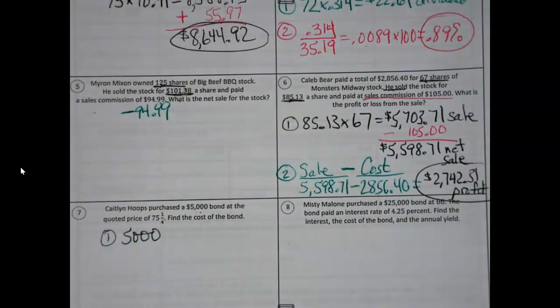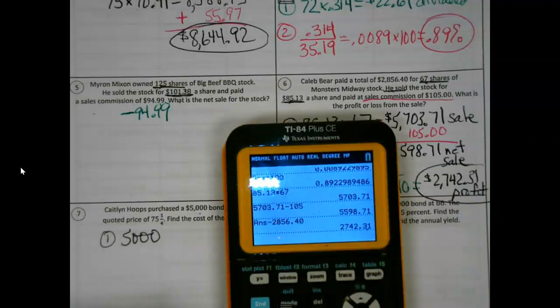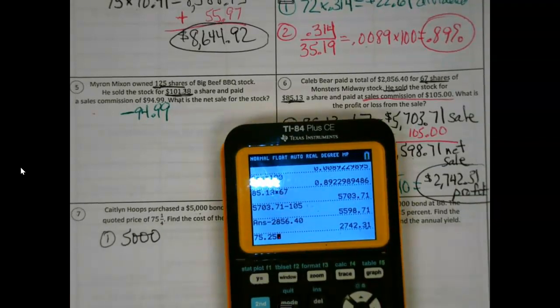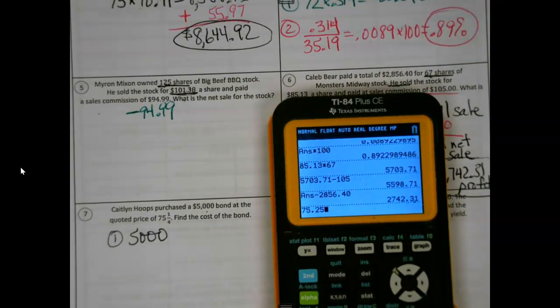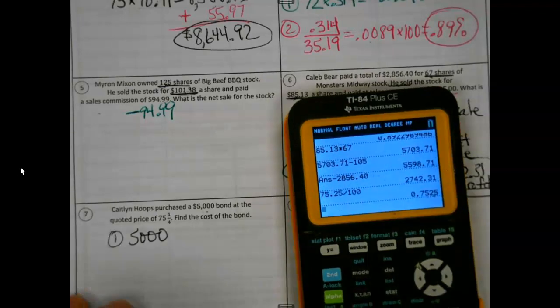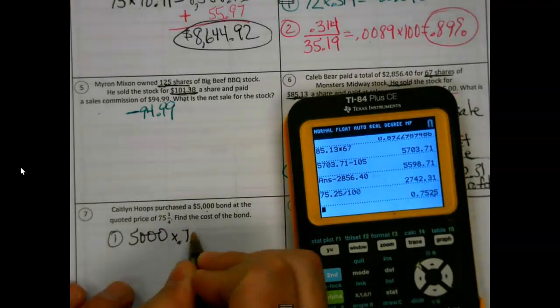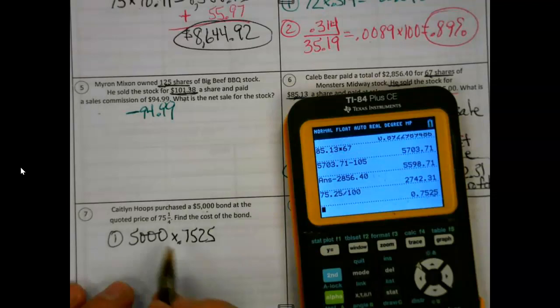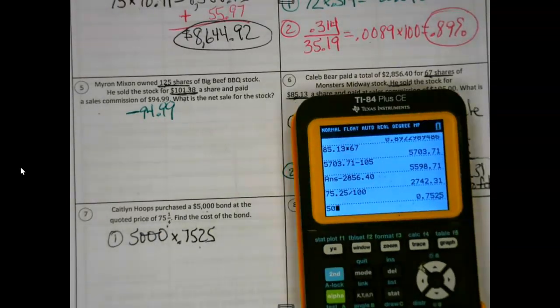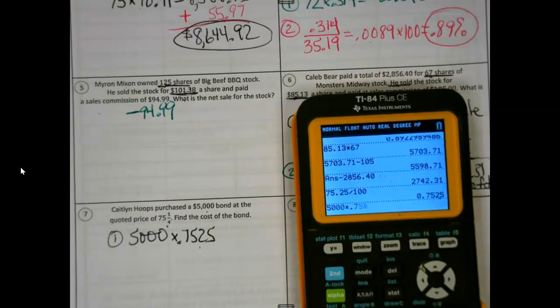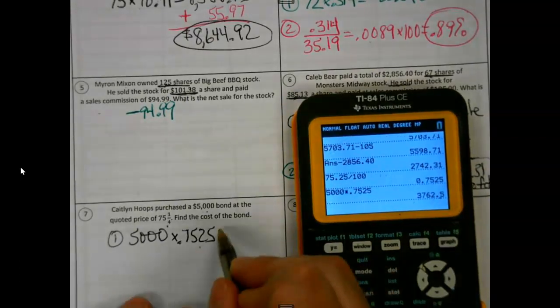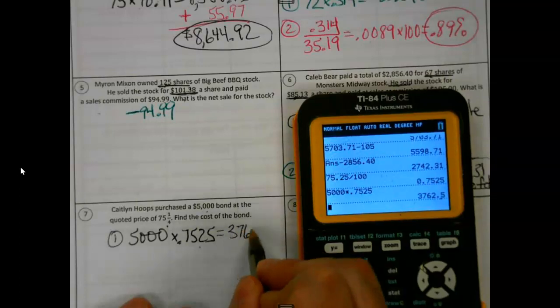So what we're going to do is take that 75.25 and turn it into its decimal mode. So take that, turn it into its decimal mode, and that will let us know how much we paid for the bond at the beginning.